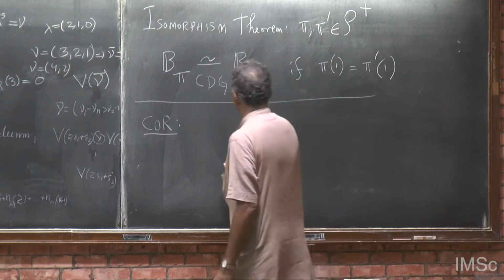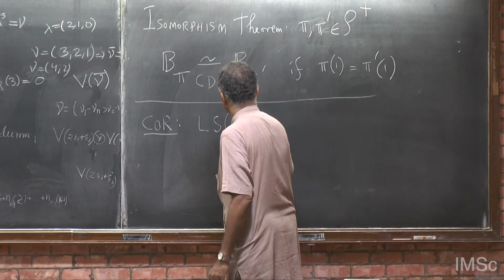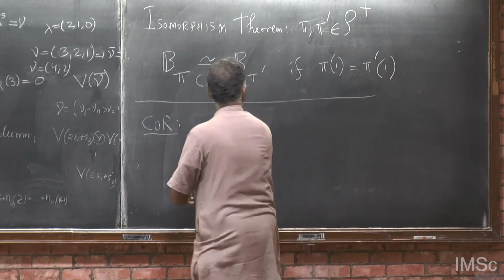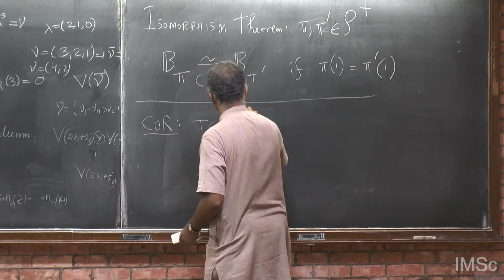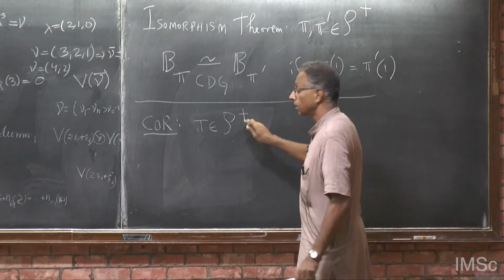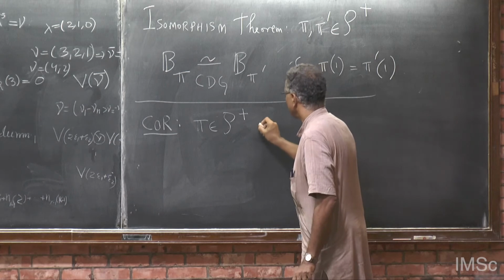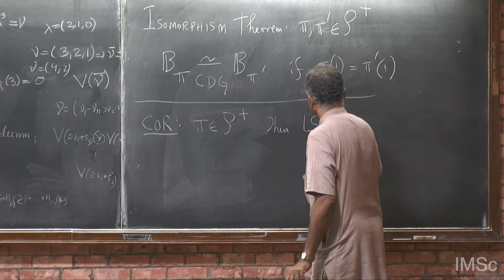Now, LS of pi 1. So, suppose I take, let me write it out again, suppose I take a path in this, and then I can conclude that I can talk about LS of pi 1.